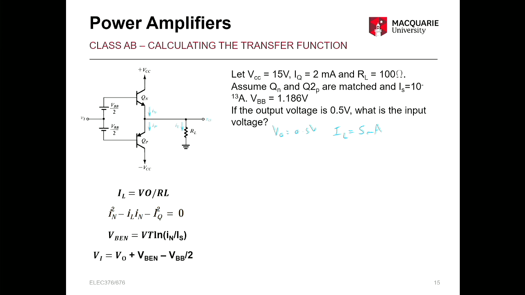Once we've got the IL, and we've been given IQ as 2 milliamps, we can then solve this quadratic. So we have IN squared minus 5 times 10 to the minus 3 IN minus 4 times 10 to the minus 6.